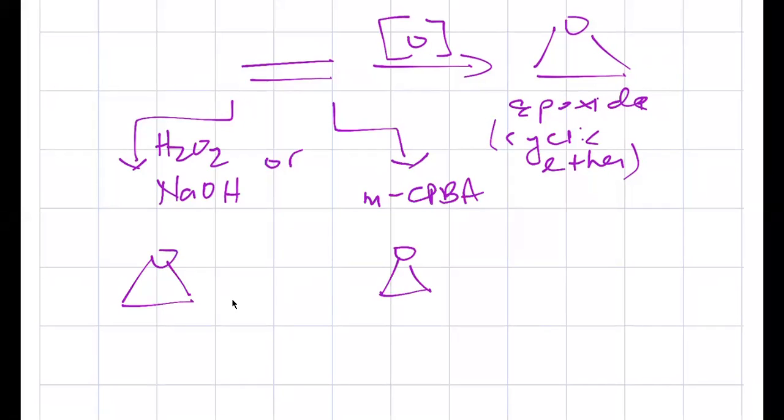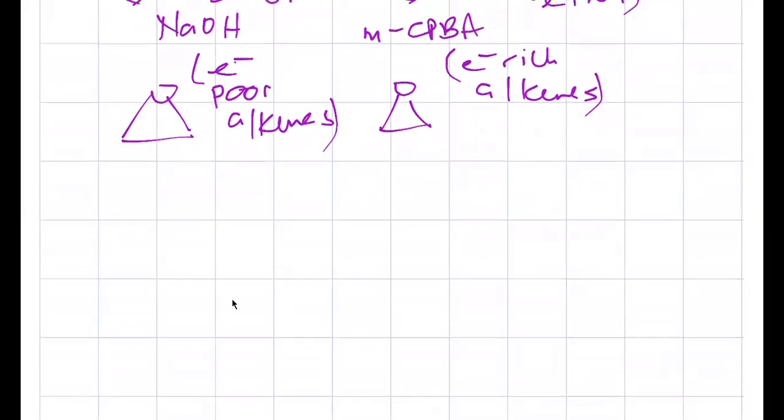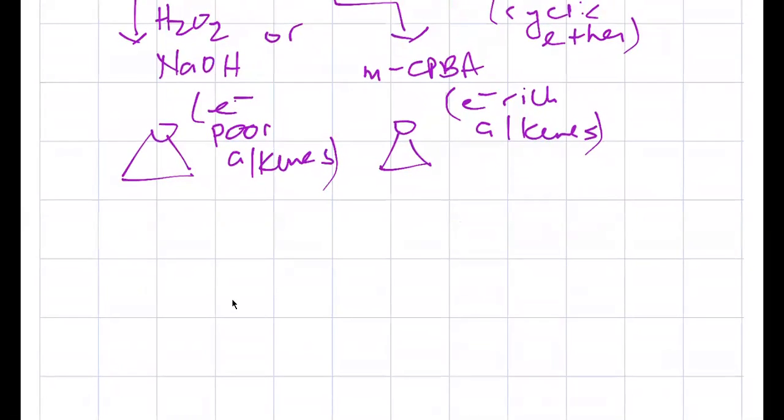The MCPBA is mostly for electron-rich alkenes, and then hydrogen peroxide is better suited for electron-poor alkenes. Right, but both methods work to give you epoxide. Let me just show you the first one.